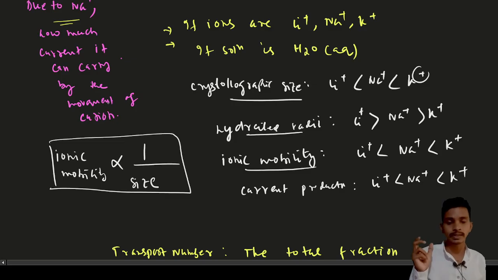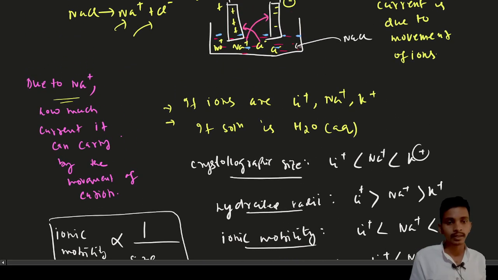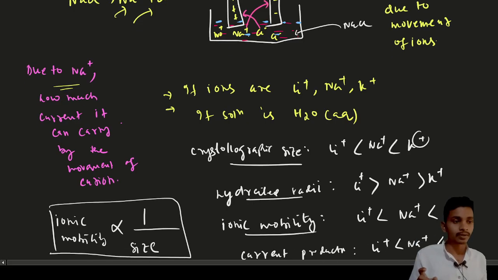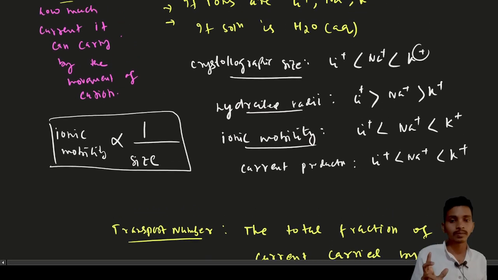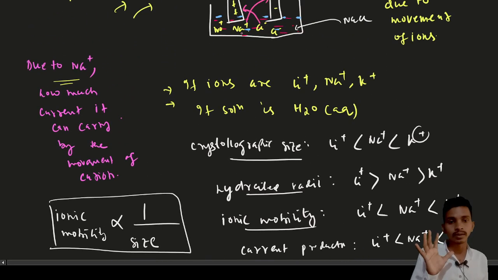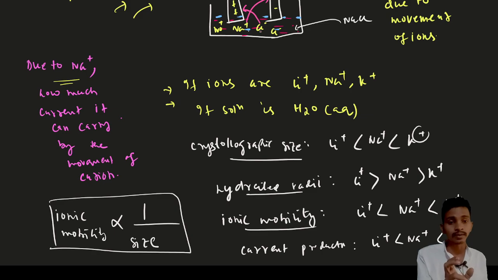That is known as the transport number. If anybody asks how much current these cations or ions are able to carry, that is called the transport number. Here we calculate how much current is carried by these cations and how much by the anions, and we express that in a term known as transport number.